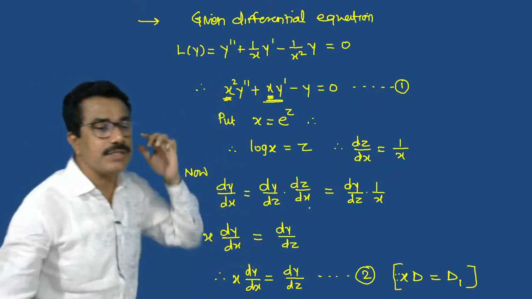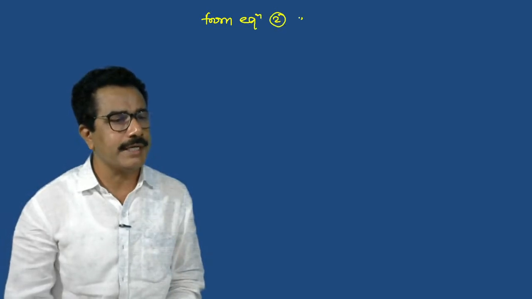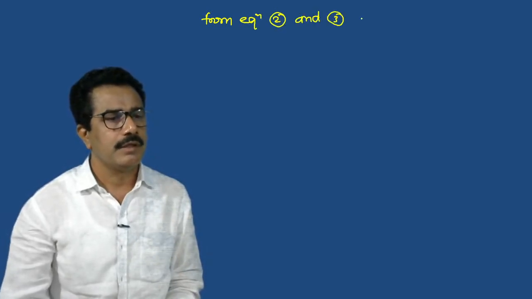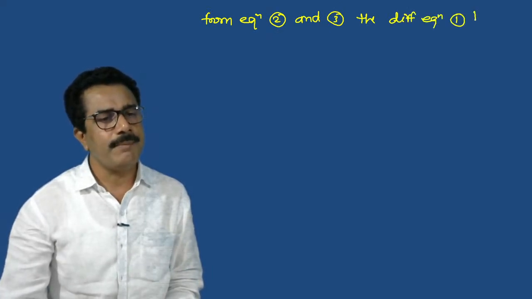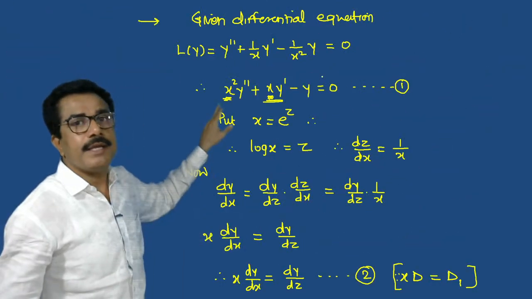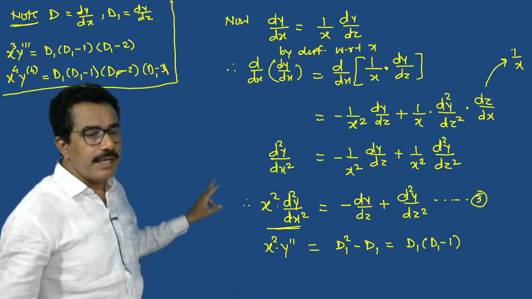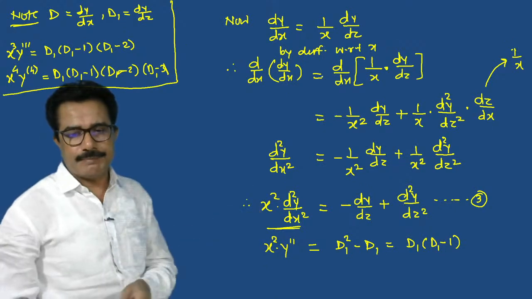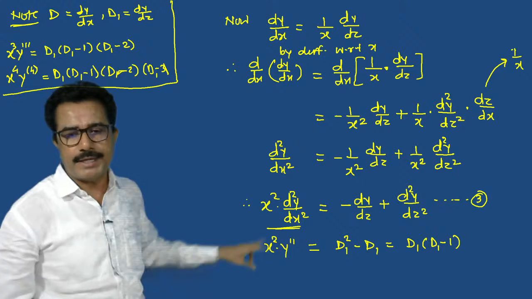So our differential equation 1 becomes, therefore, from equation 2 and 3 the differential equation 1 becomes, see now: x square into y double dash means x square into d2y by dx square, and we have to put here x square into d2y by dx square.